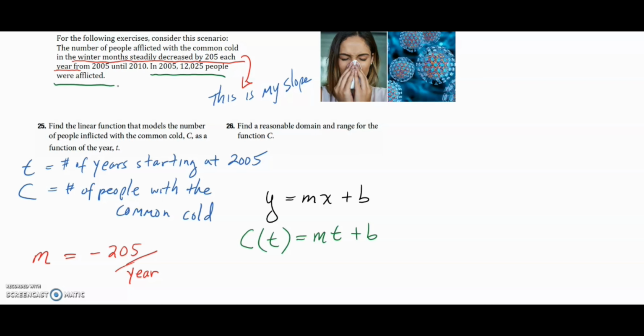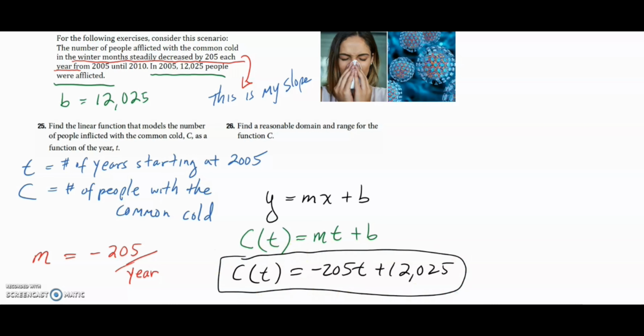Got it. So this must mean that my b is 12,025. Pay very close attention to how this was done. So finally, our formula is C of t is equal to negative 205 times t plus 12,025.